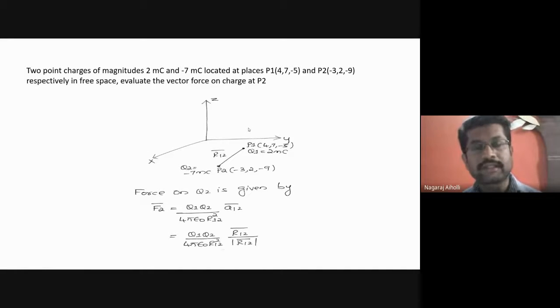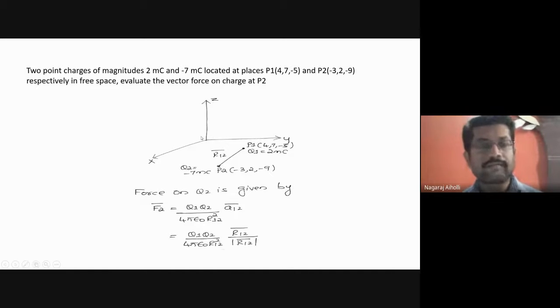You cannot assume anything in any of the planes; take a suitable plane accordingly. Here X is 4, Y is 7, so X and Y are positive, so I am assuming it here. Then for P2, X is minus 3, 2, minus 9, so some suitable point between P1 and P2. Assume it like this.